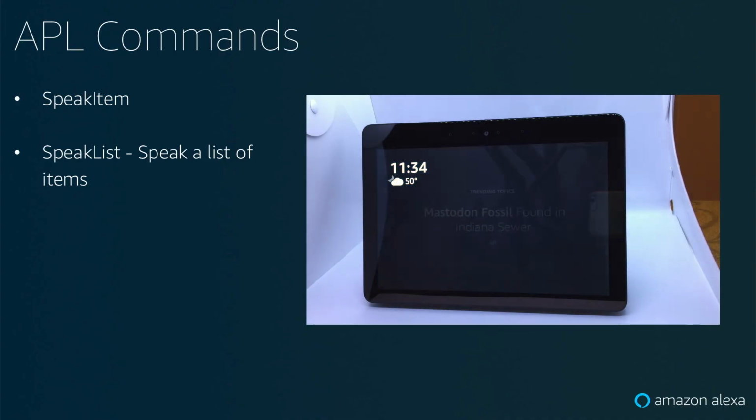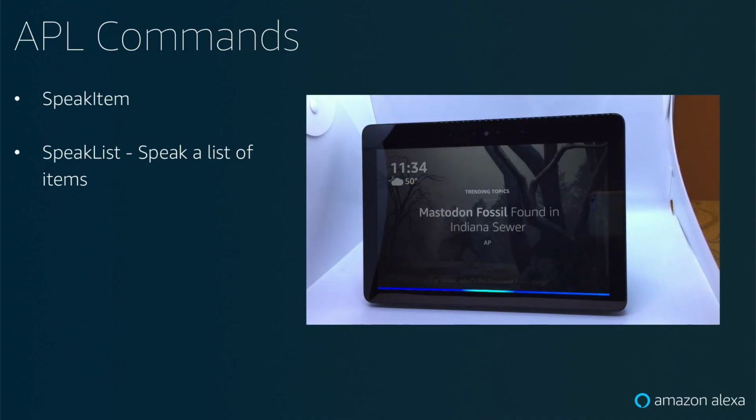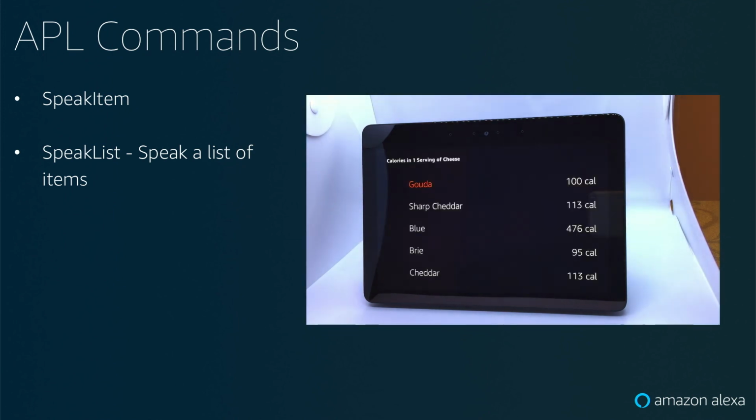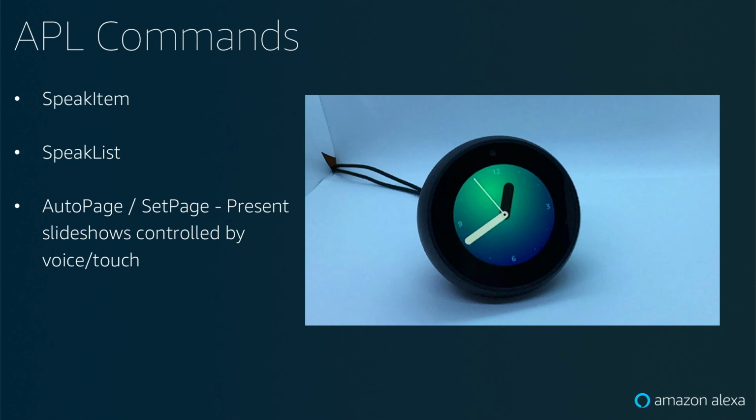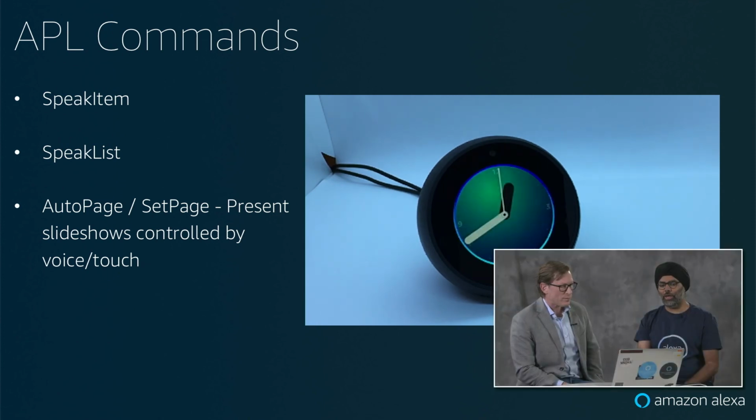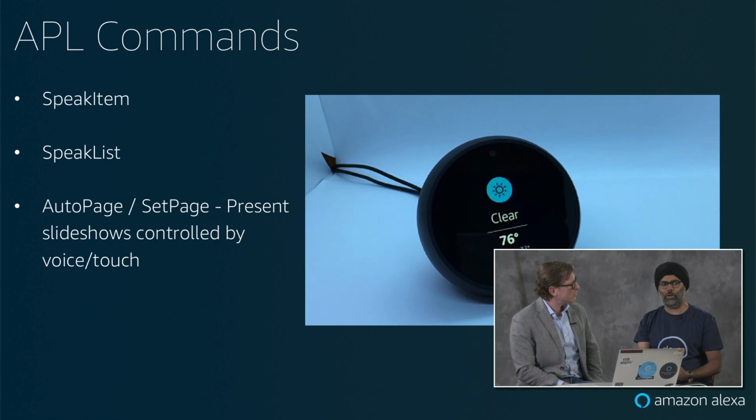We've also got the speak list command, which was the thing powering the list of cheeses that you saw earlier. We are clearly missing some very important cheeses. We'll fix that. And then there's the auto page command, which, again, Stephen uses in his experience, lets you run a slideshow. It's pretty straightforward, but also very powerful.